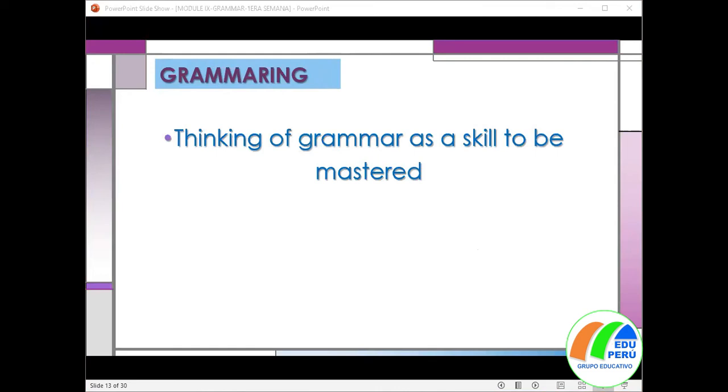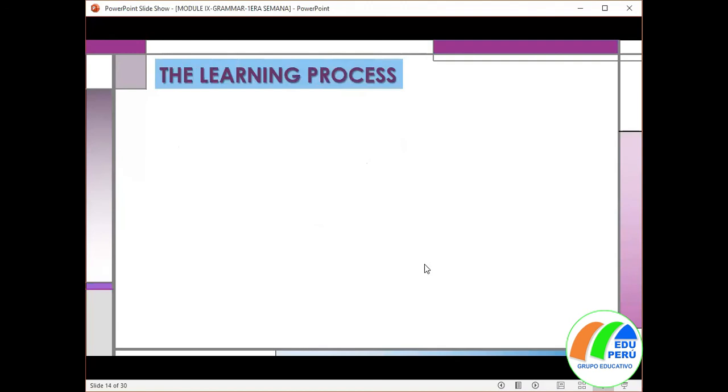Thinking of grammar as a skill to be mastered. And it was said by Larsen-Freeman in 2001. This person is again another famous linguist and also author of a lot of books. Maybe you have used some of the books. So notice that this person says that grammar is a skill to be mastered.